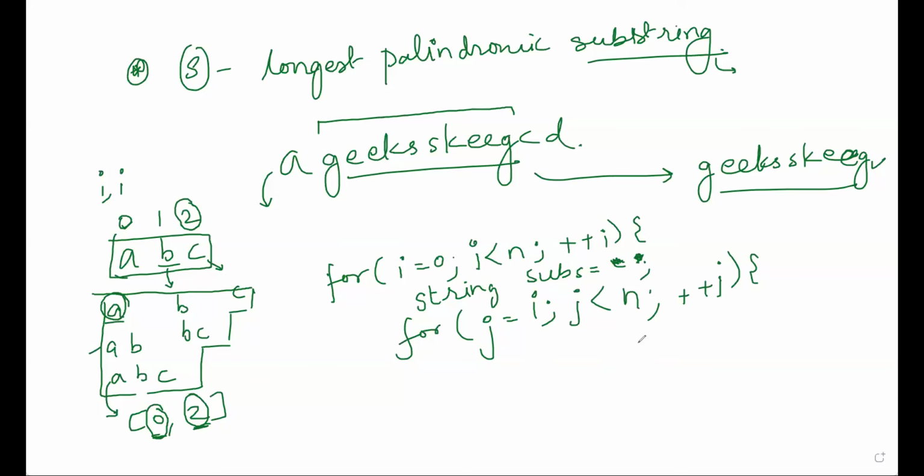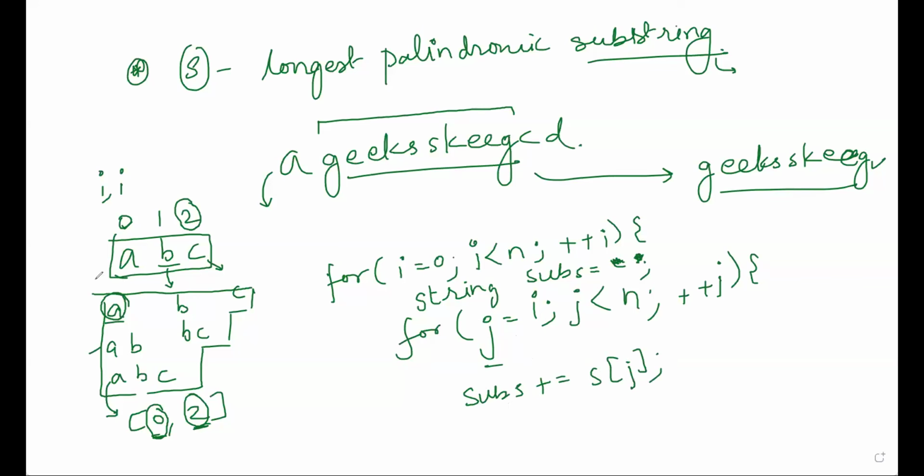Now, as I proceed, I will take those characters. First, if I take the character present at index j, what will happen? I'm adding one character to my substring, so I'm getting a new substring.